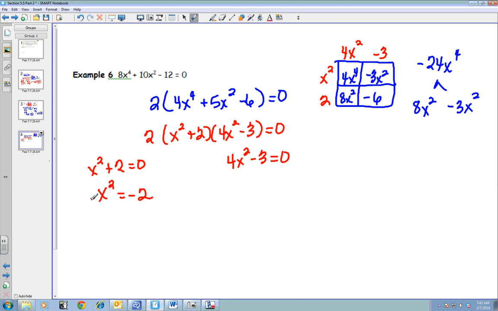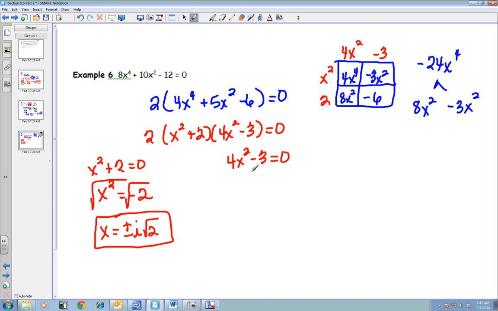And now I'm going to take the square root of both sides. So I get x equals plus or minus. Now, if you remember, I have the square root of a negative 2. I can't take the square root of a negative number, so that's going to be an i. And square root of 2 won't break down, so that's just the square root of 2.